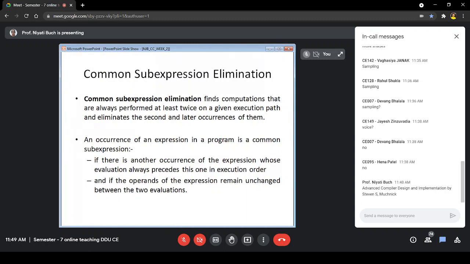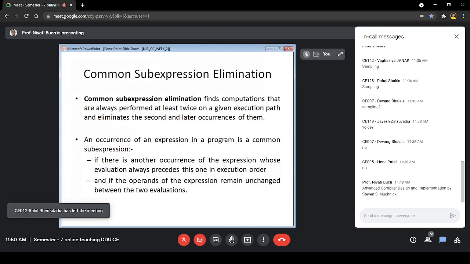So how do we identify that an expression is a common sub-expression? There are two things we have to do. First, there must be another occurrence of the expression whose evaluation always precedes this one in the execution order.